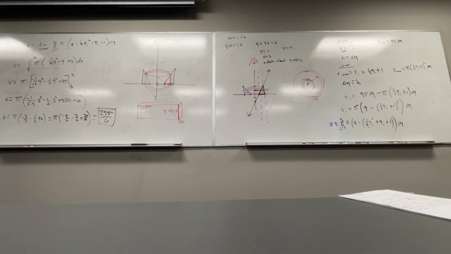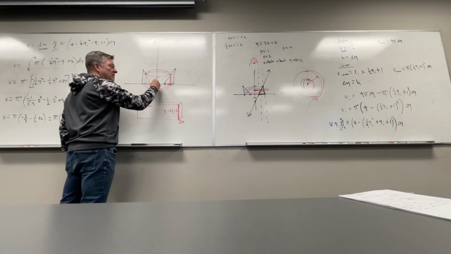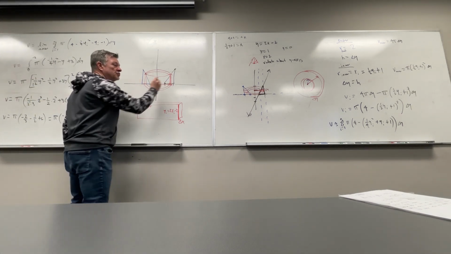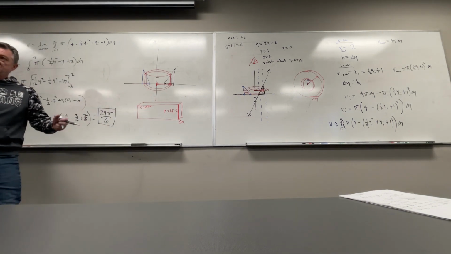What's that distance? It's just x, however far over I went. It's the distance from the y-axis out to some spot on the x-axis. It's just some x distance.